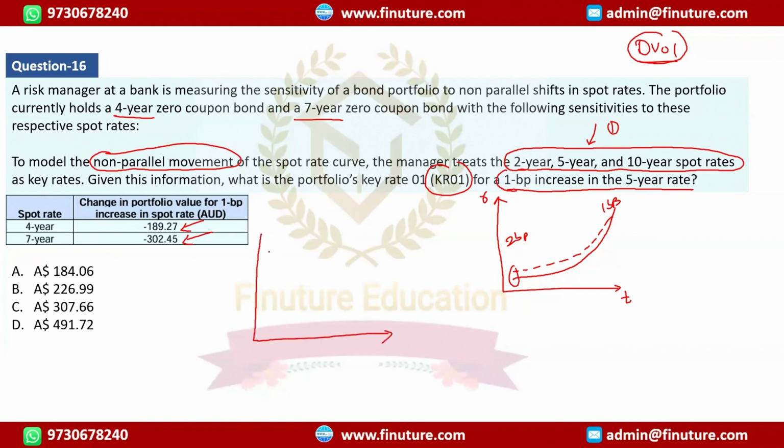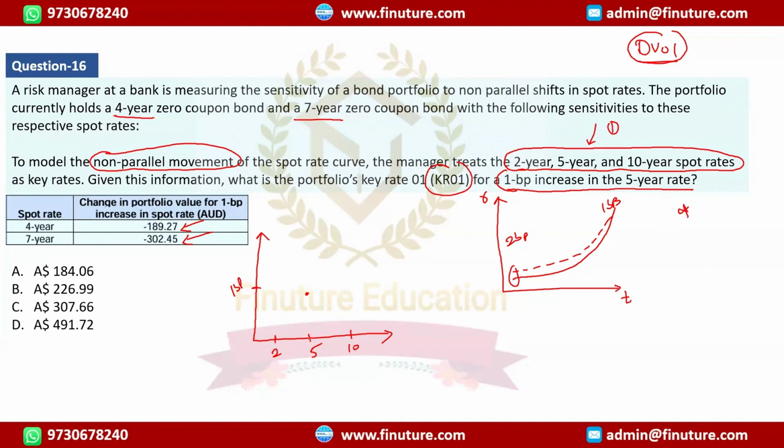Very important point I'm telling, please be very attentive. When you talk about 2, 5 and 10-year maturity, and you say that your 5-year rate has increased by 1 basis point, so there is an increase of 1 basis point here in the 5-year rate. Very important point, please make a note of it.